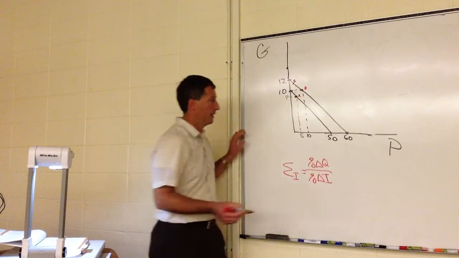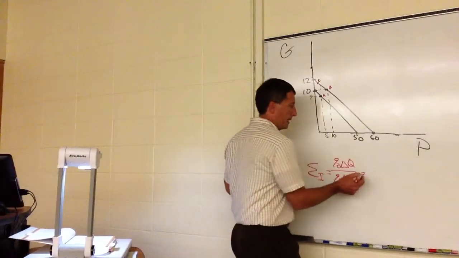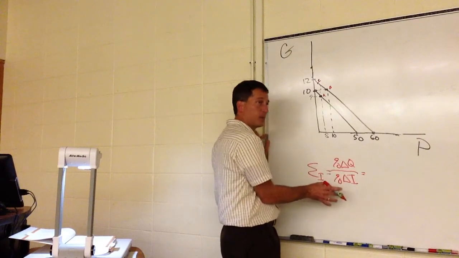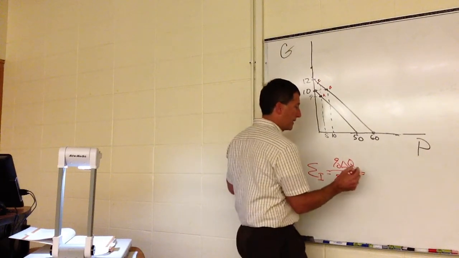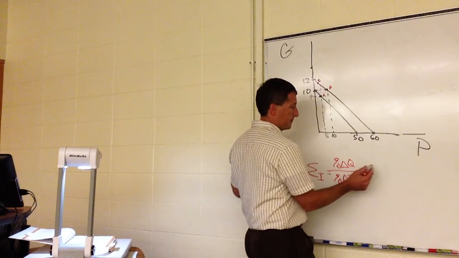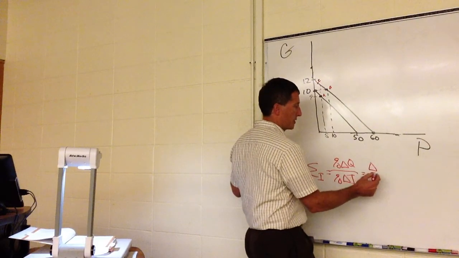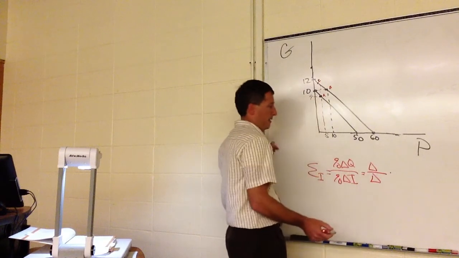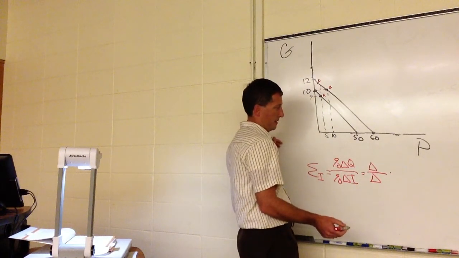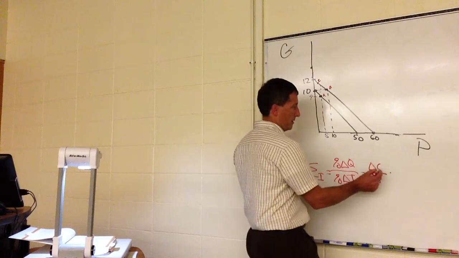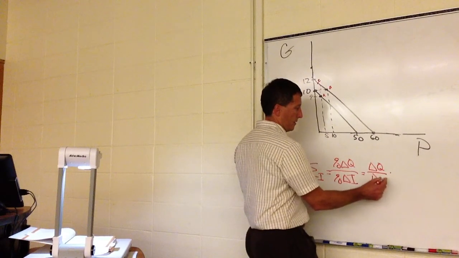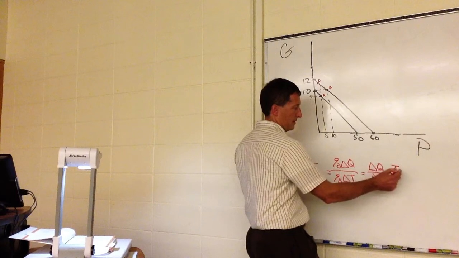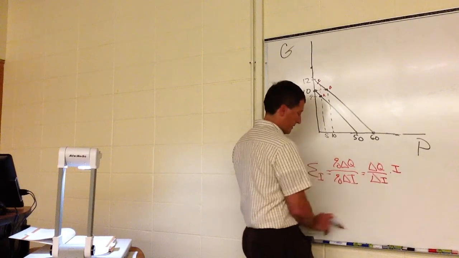And the formula ends up being very similar to what we found for the price elasticity. What was that? If we use it in terms of the change in something over the change in something times the somethings. Percentage change in Q, and then were these reversed? Or what goes up here?